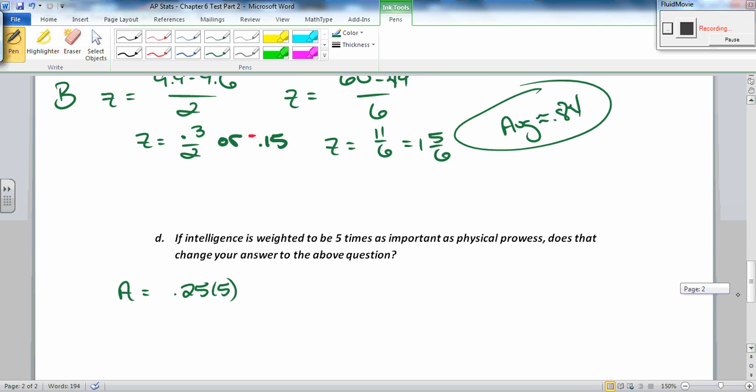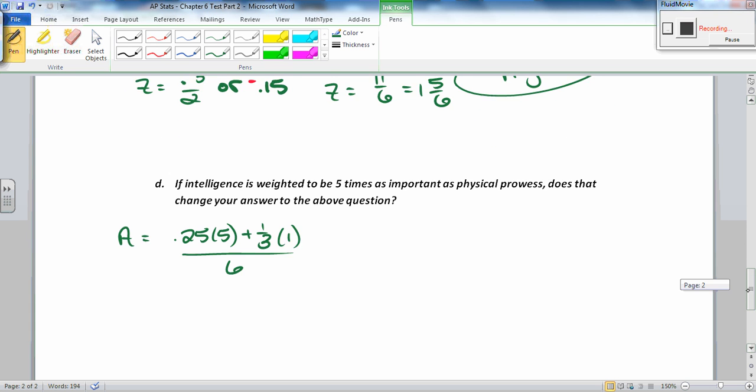We have the physical prowess of 1/3 only counting once. So to find the average, we would take that value and divide by 6, because we're taking 0.25 and adding it 5 times, and then we're adding 1/3 once. Dividing by 6 will give us the correct average.